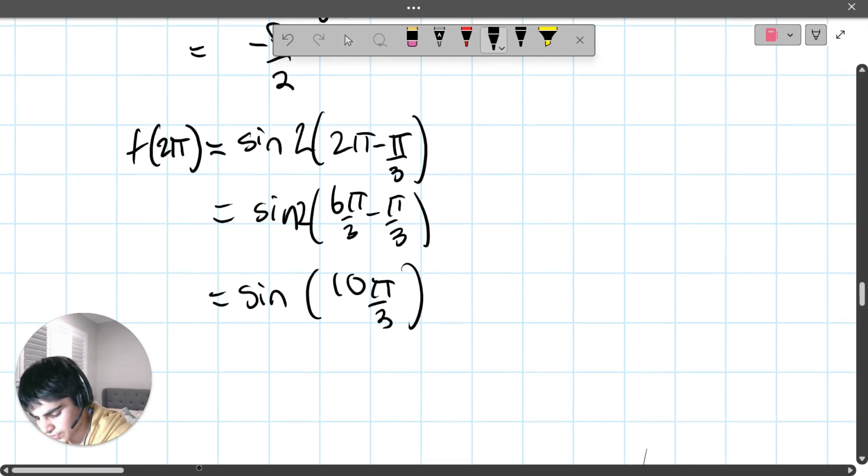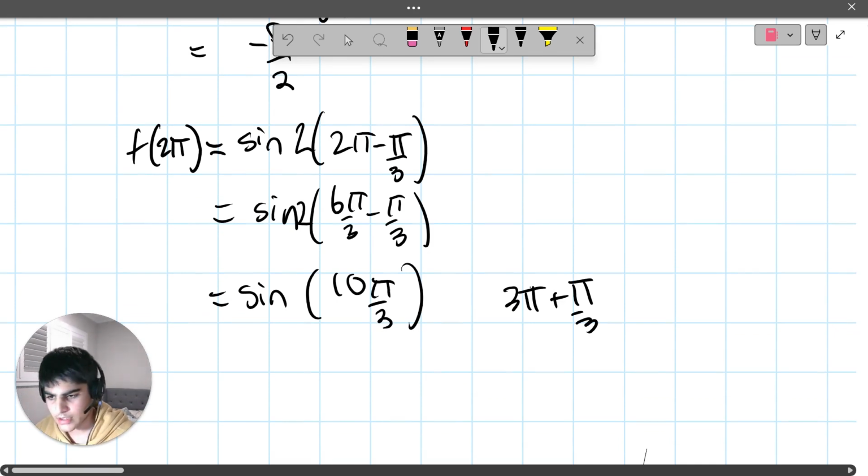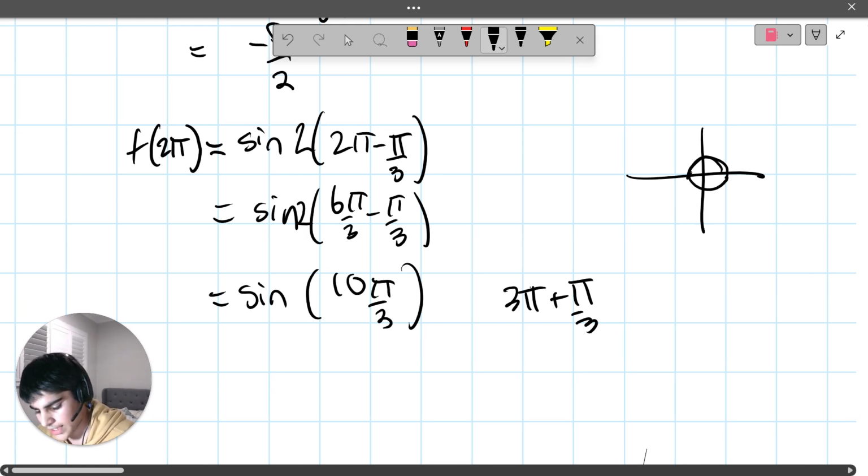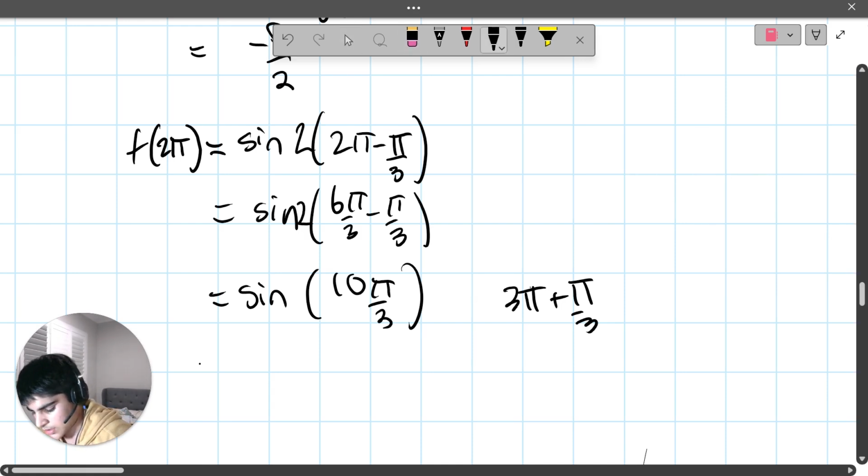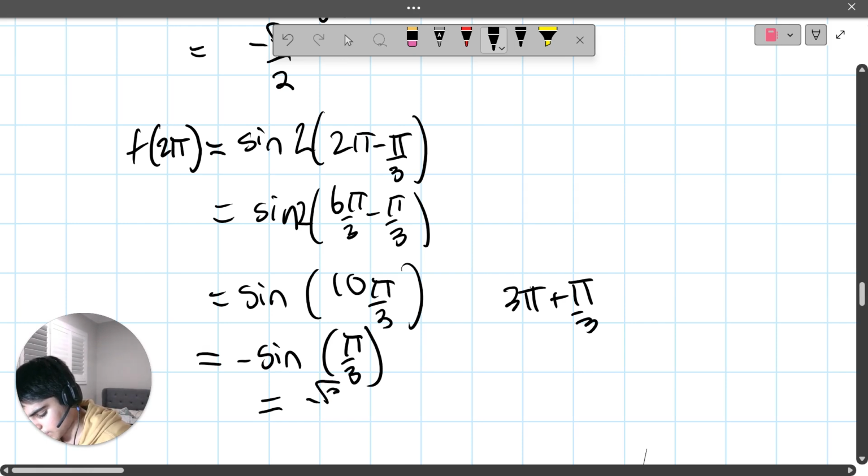This is equivalent to 3 pi plus pi on 3. Now if we visualize this, this equals pi, 2 pi, 3 pi, and pi on 3. The reference angle is below the x-axis, so this is equivalent to negative sine pi on 3. This equals negative root 3 on 2.